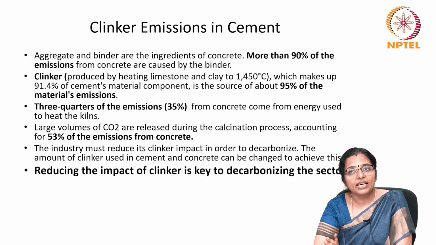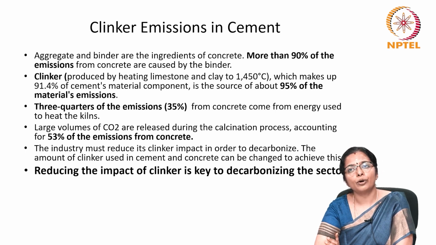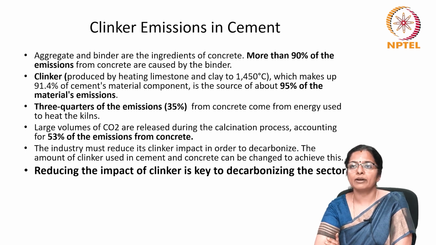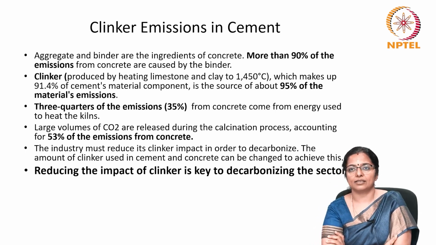Aggregate and binder are the ingredients of concrete. More than 90% of the emissions from concrete are caused by the binder. Clinker, which is produced by heating limestone and clay to 1450 degrees centigrade, which makes up 91.4% of cement's material component, is the source of about 95% of the material's emission. 3/4 of the emissions, approximately 35% from concrete, comes from energy used to heat the kilns.